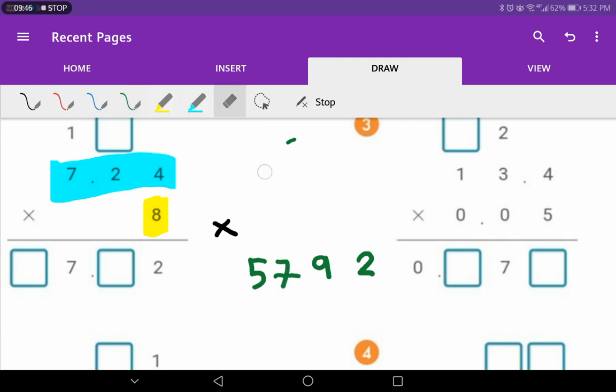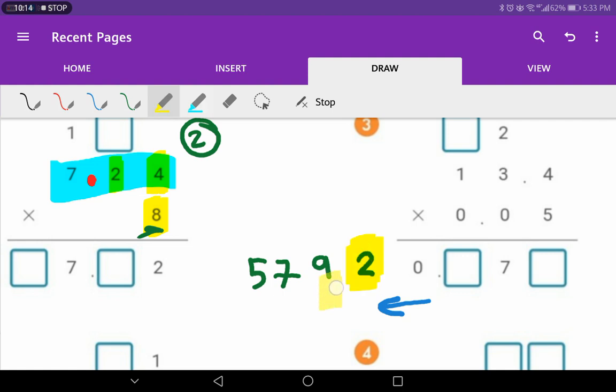Now I'll come back to the factors and check how many digits. This is the decimal point here. And see, 2 digits after the decimal in the first factor. In the second factor here, I have no digits after, no decimal part also. So I have 2 digits after the decimal point. That means I have to count from this side 1 digit, 2 digits.